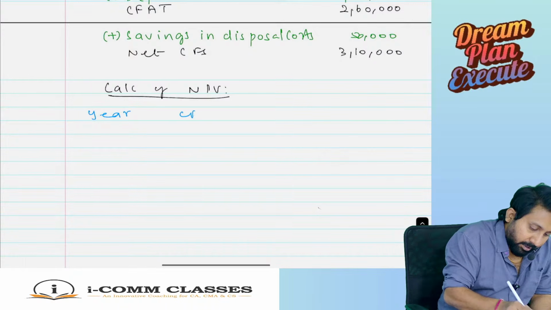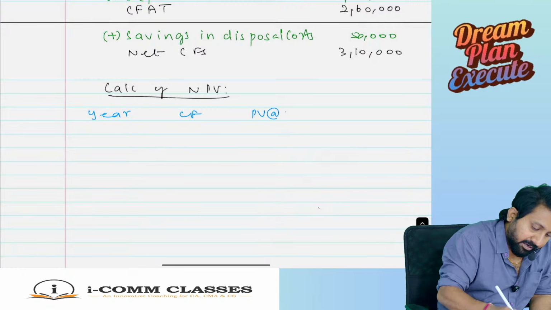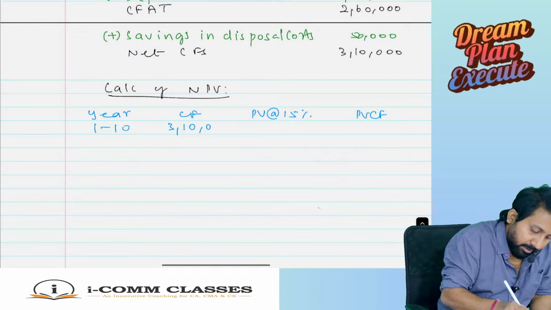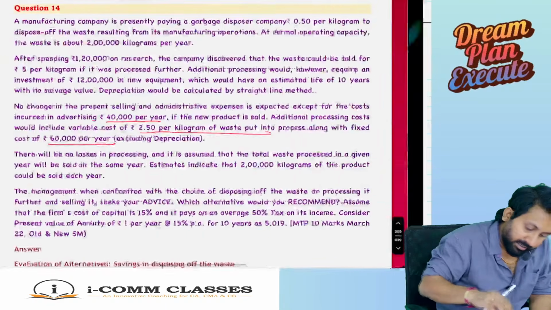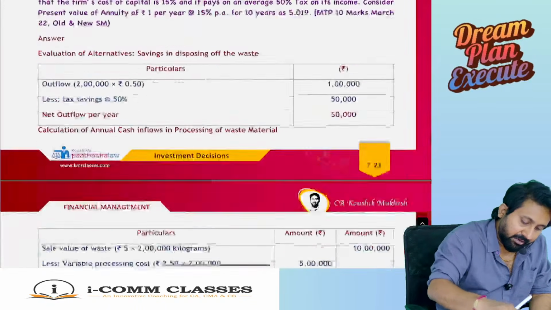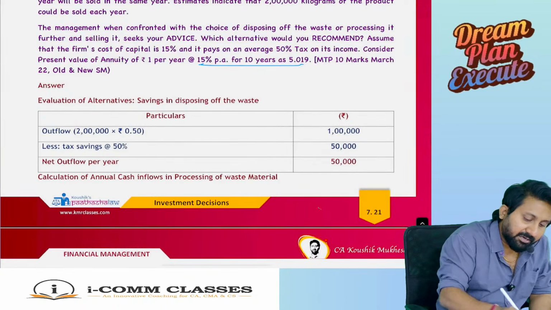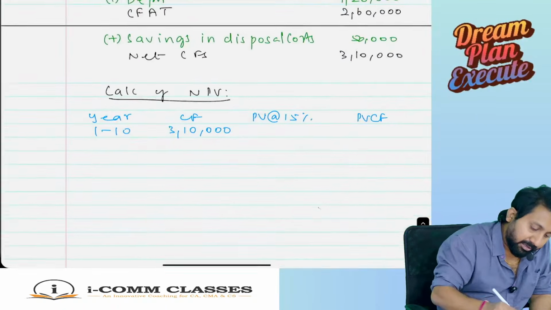Here cash flow PV at the rate of 15%, PVCF 1 to 10, 3,10,000. He has already given the value there. 15% for 10 years. What is the annuity value? 5.019.